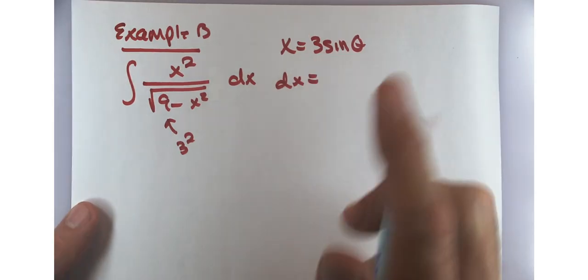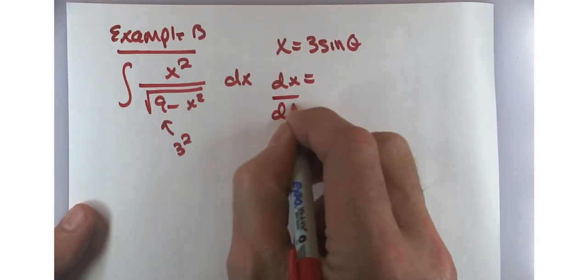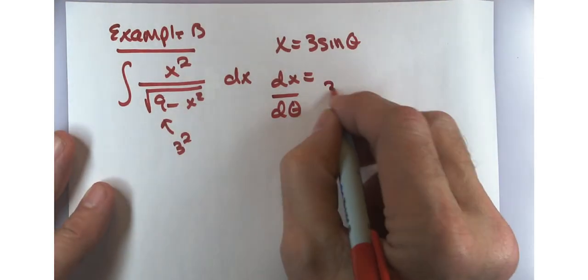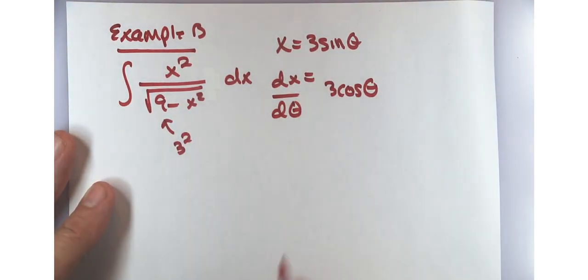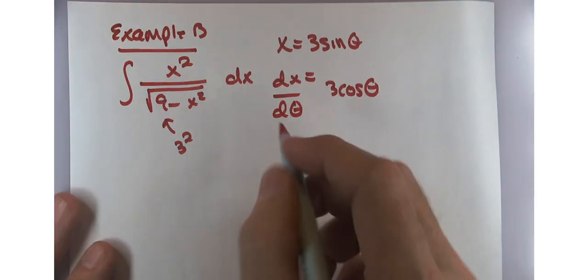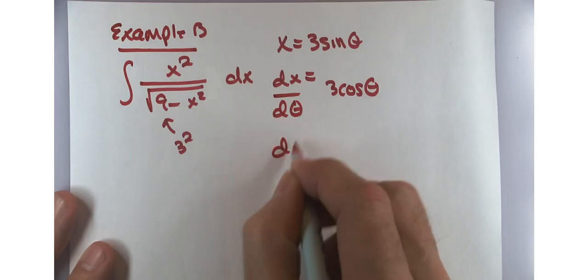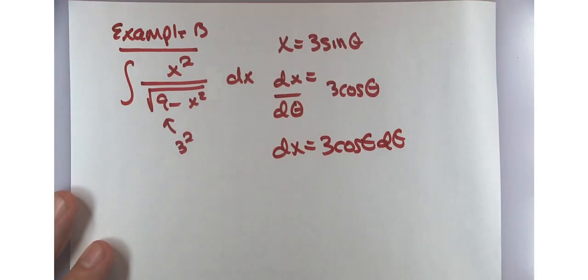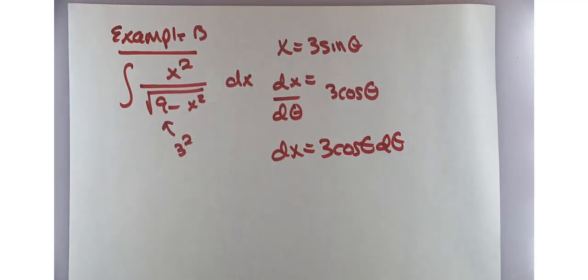Let's just do the derivative of x with respect to theta. What do we get for dx? 3 cosine of theta. And then we're going to solve for dx. So multiply both sides by d theta. dx equals 3 cosine of theta d theta. Great. Now you can make your substitution.